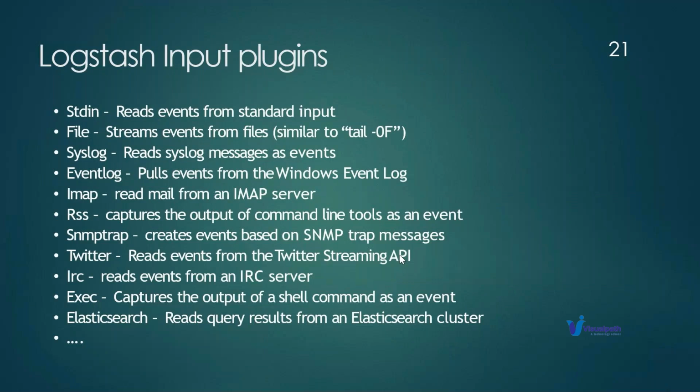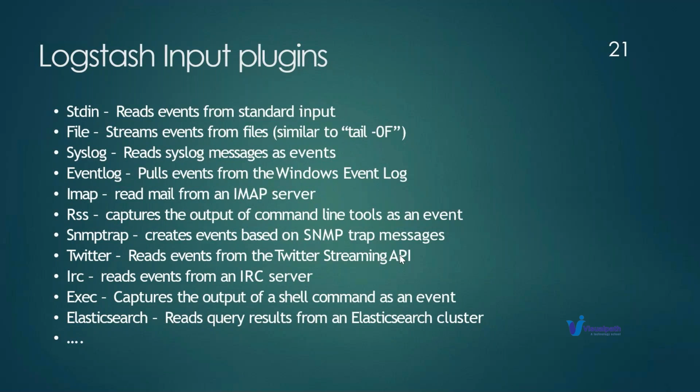So in this slide, we have explained what input plugins are available for Logstash. It can use stdin, which reads events from standard input. It can read files, streaming events from a file like tail -f. Then it can read syslogs.